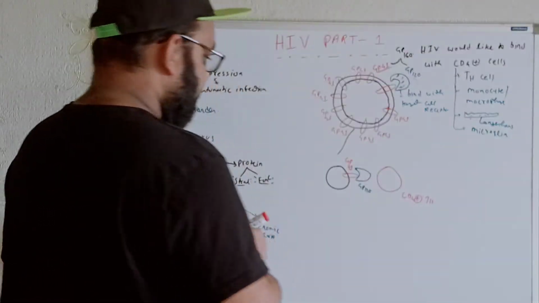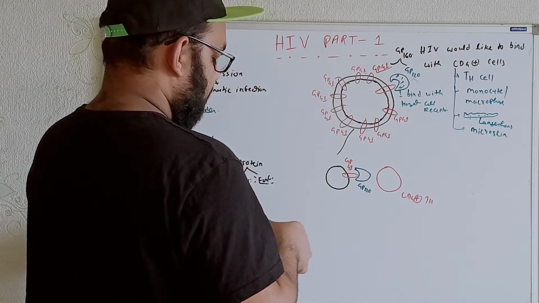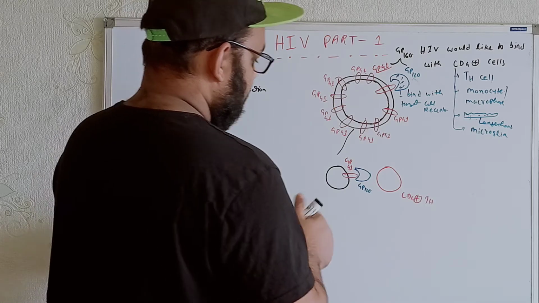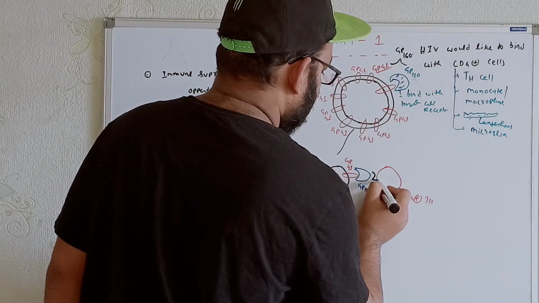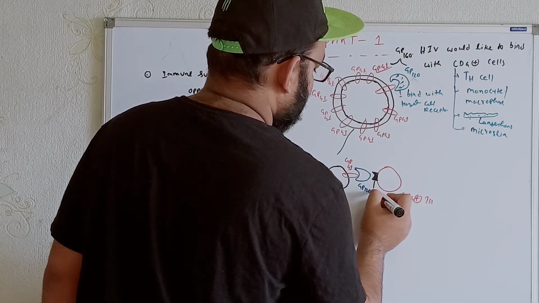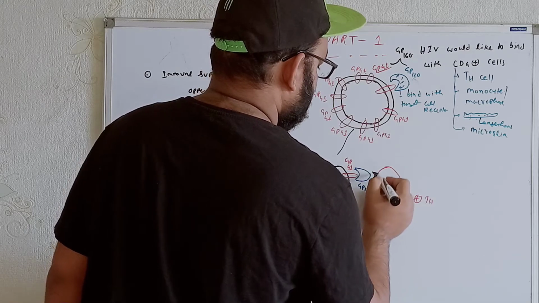Now, as I said, there will be the presence of CD4 receptor, right? CD4 receptor. So let me show the CD4 receptor with this color. This is the CD4 receptor.